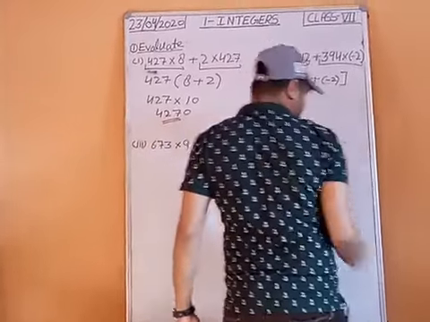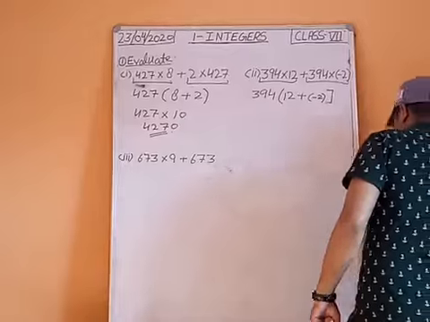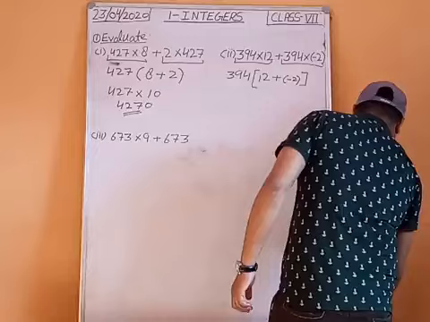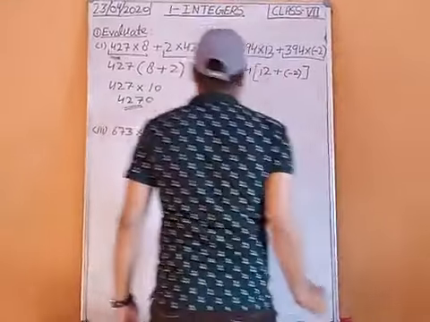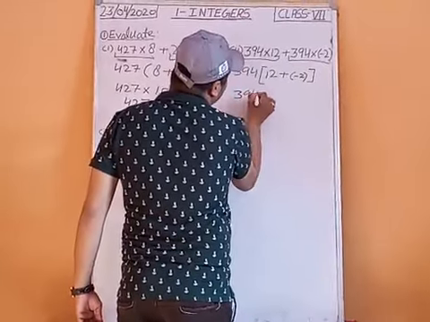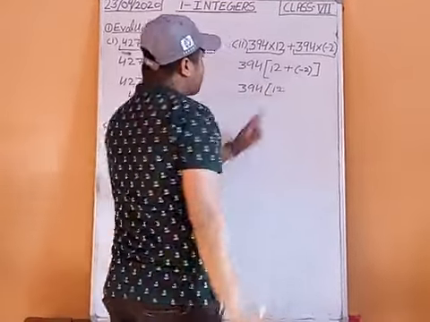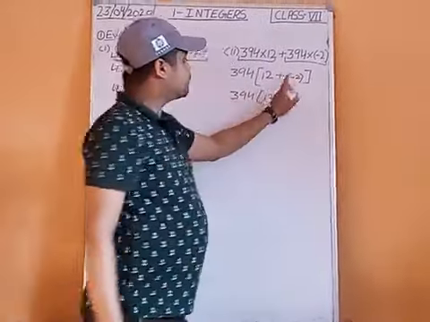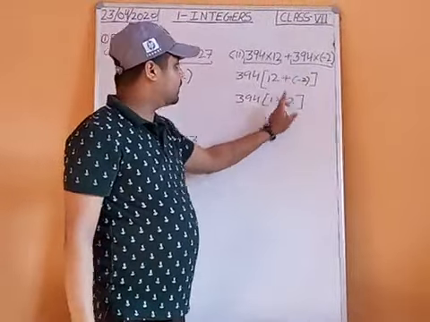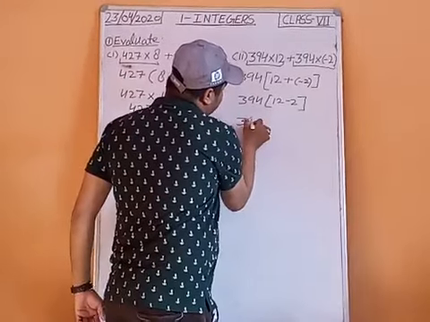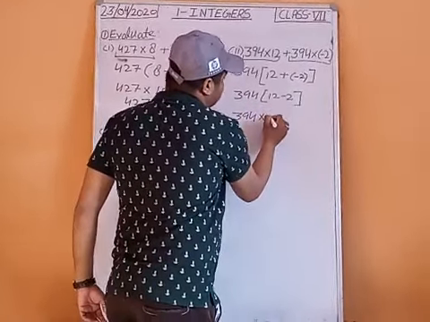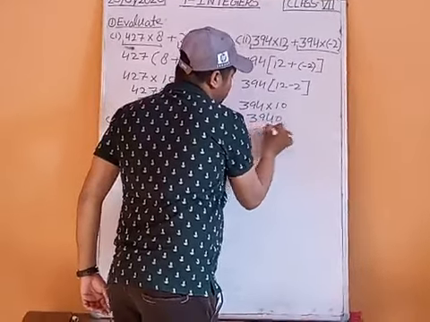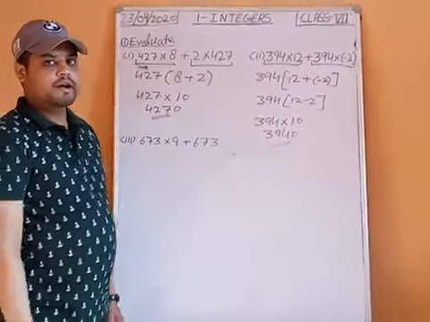It is better to take a square bracket here. So 394 square bracket 12 plus minus 2. Plus minus, here we are multiplying the signs. So 394 multiply 12 minus 2, 10. So 3940 will be our answer.